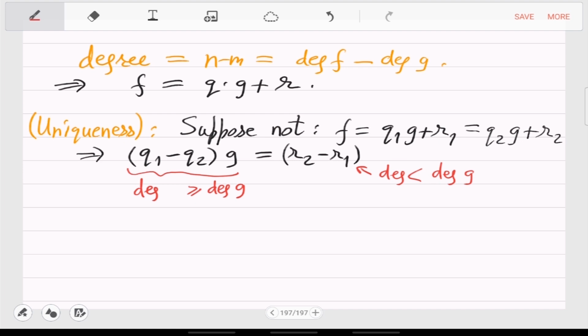Actually, we assumed that r2 minus r1 is not 0, so let's continue with the contradiction. We had assumed that this is not equal to 0, r1 is different from r2. In that case, this has led to a contradiction. The contradiction implies that it's unique. So r1, r2 equal means that q1, q2 are also equal.